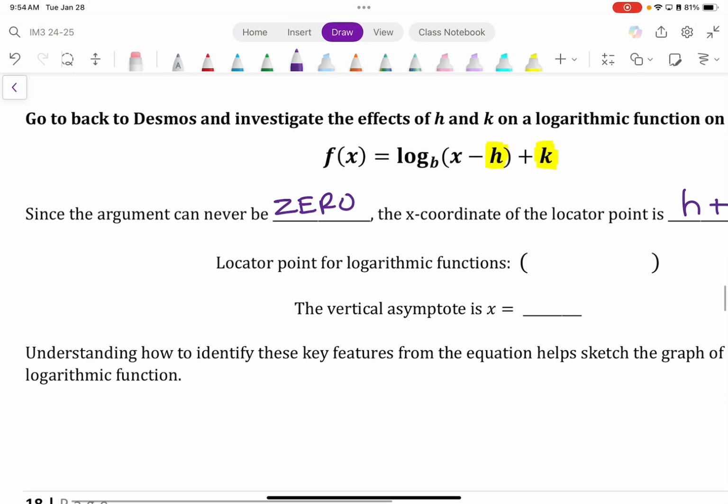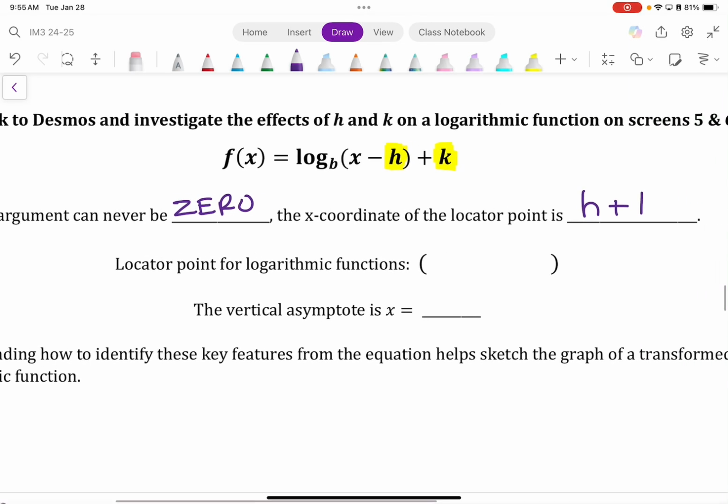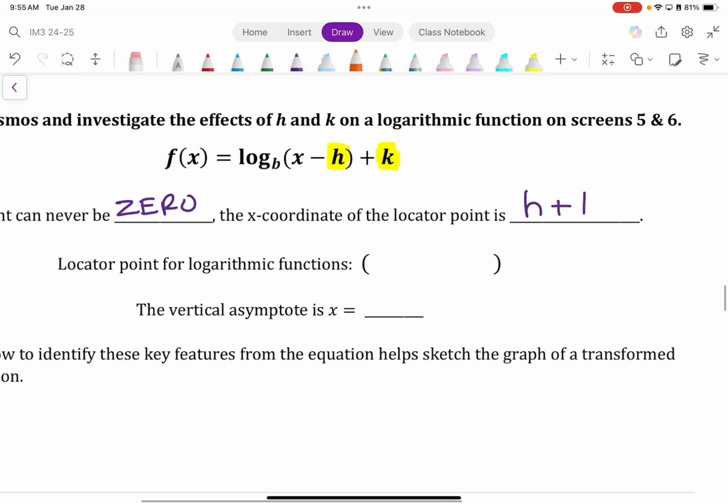So we're reintroducing H and K, and you should know once again the x coordinate for the locator point is H plus 1. Before I go any further, let's just remind ourselves: H is responsible for moving in which direction? From what we've seen in the past, where does H move the graph? Left and right.